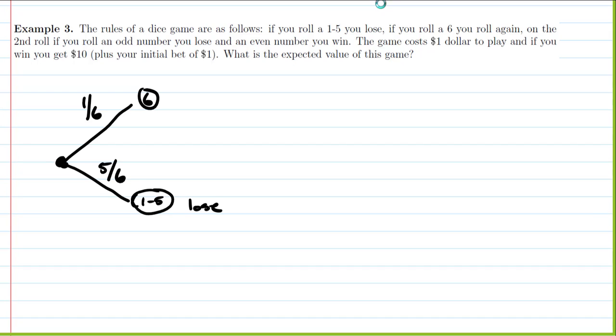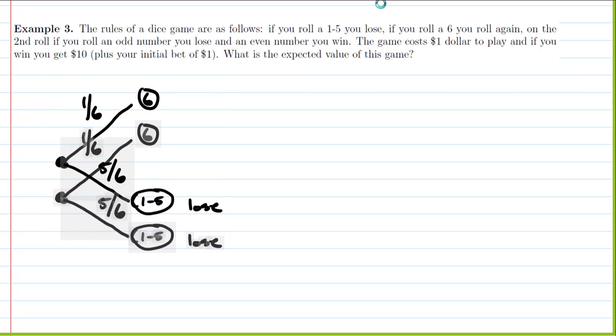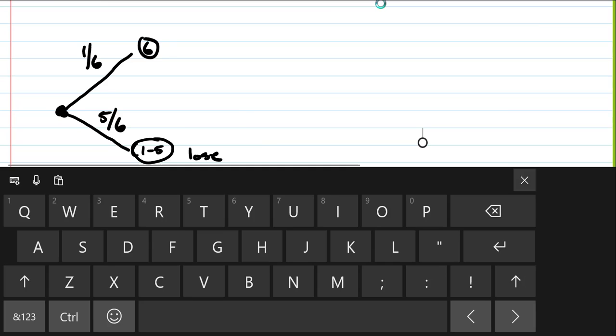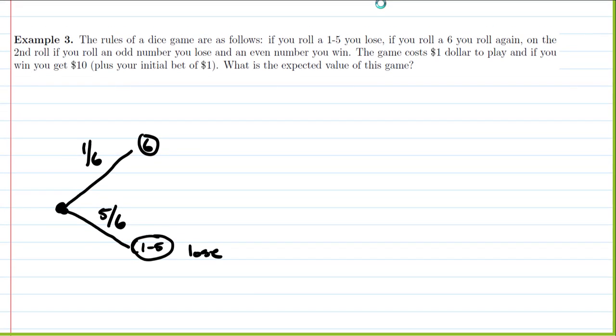Then in the second round, what happens? We want to roll an even or an odd. If we roll an odd number, we're going to lose. So a 1, a 3, a 5, we lose.